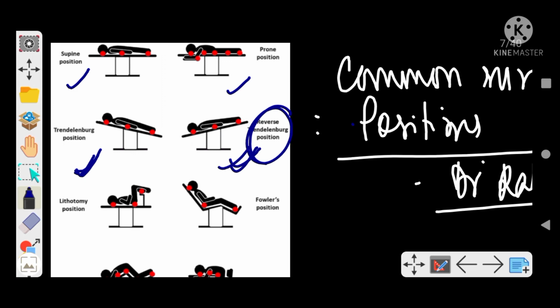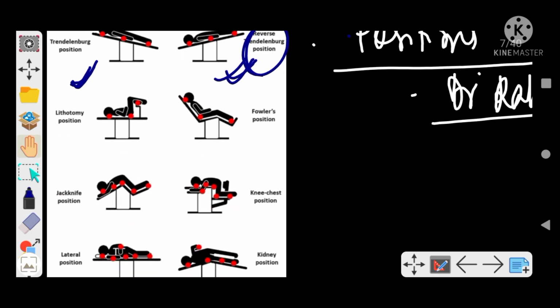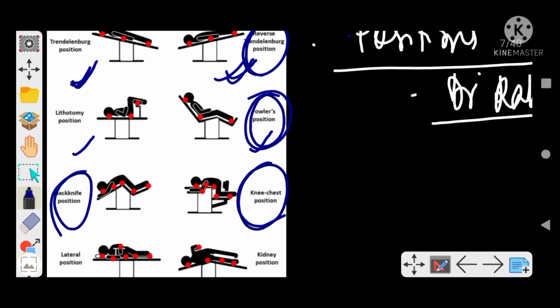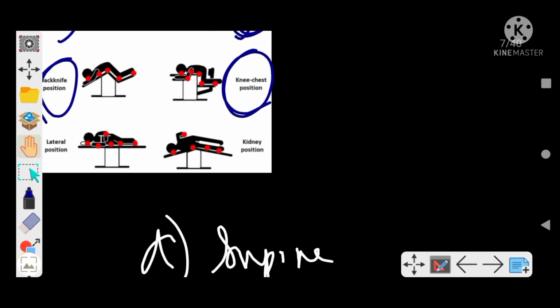We discussed reverse Trendelenburg, right? And then this is your lithotomy position. This is your Fowler's. This is for CNS and posterior fossa surgeries. There is increased risk for air embolism. This is your jackknife position. This is your knee chest position. This is your lateral position for thoracotomy, and this is your kidney position, right?